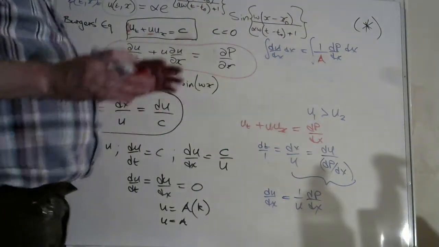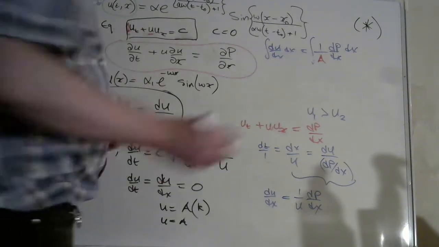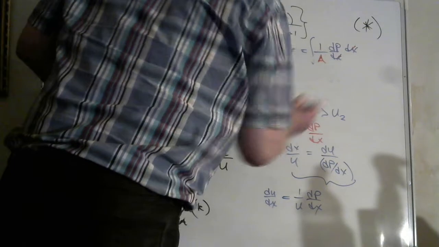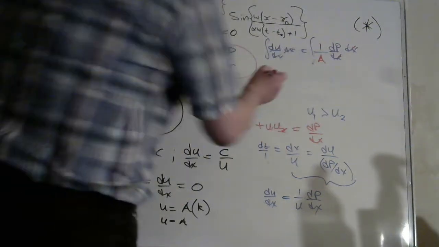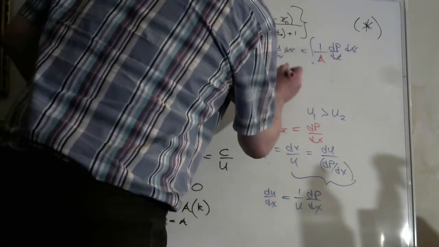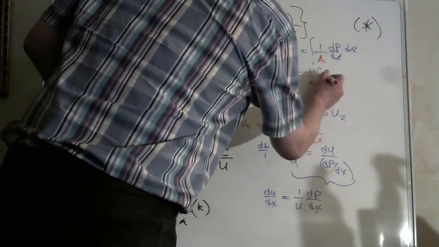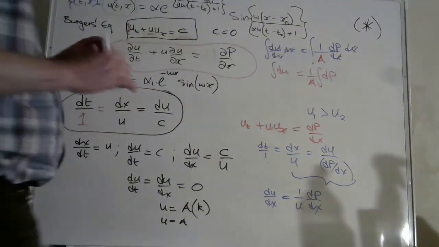So we can just replace that u with a. It's just a constant, so it simplifies matters. Now, that cancels with that, cancels with that, and we're left with the integral of du equal to 1 over a times the integral of dp.